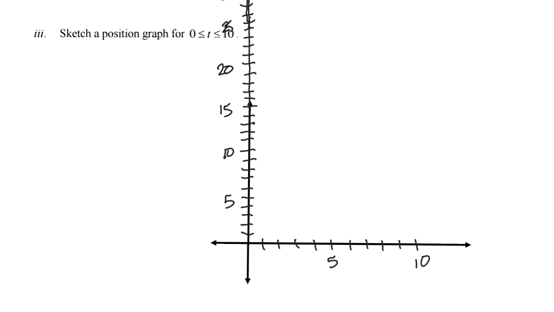So that means that if I'm going at 6 for 5 seconds, I'm really going to go up 30 over 5.